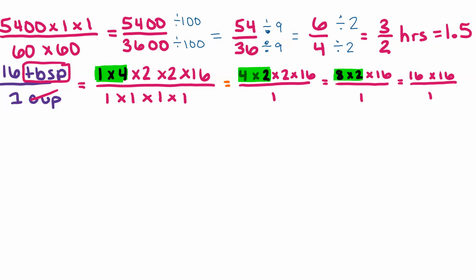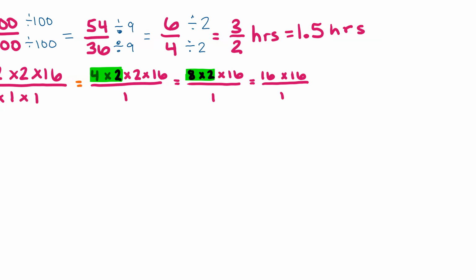So now let's go off to the side here and do 16 times 16. 6 times 6 is 36. Carry the 3. 6 times 1 is 6 plus 3 is 9. 1 times 6 is 6, and 1 times 1 is 1. So when I add these down, I get 256.